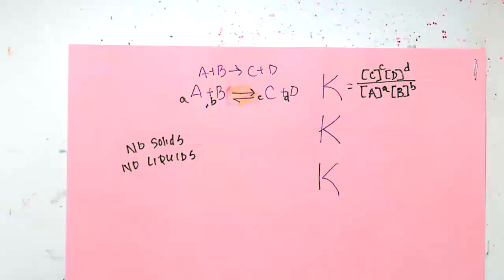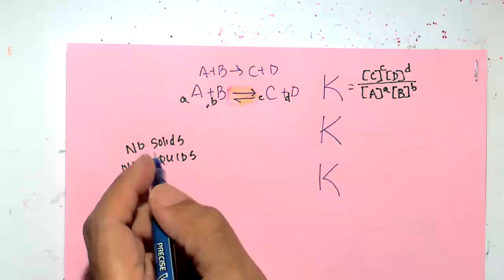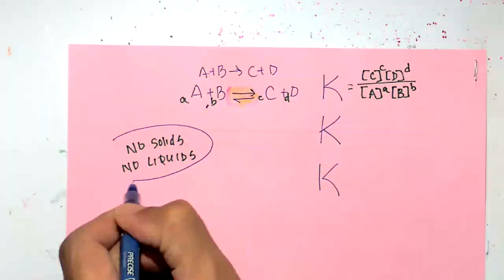So the liquid portion, whether it's water or cyclohexane, is just the medium, just like our cells have a cytoplasm. The cytoplasm is just the medium and doesn't participate in the reaction. The chemicals dissolved inside the cytoplasm, for all the biology majors, are involved in the reaction. So no solids and no liquids.